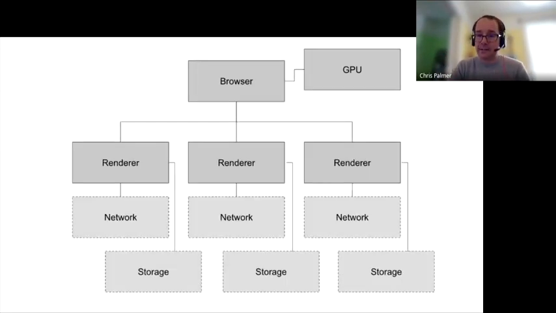But you could imagine we could have a separate storage process for each site also. And again, it would be linked to its renderer. And again, they would all be isolated from each other. And security would go up, resilience and reliability would go up. It would be cool. But for us, on the platforms that are popular for Chrome, mainly Android and Windows, it's just too expensive, so we can't do it.